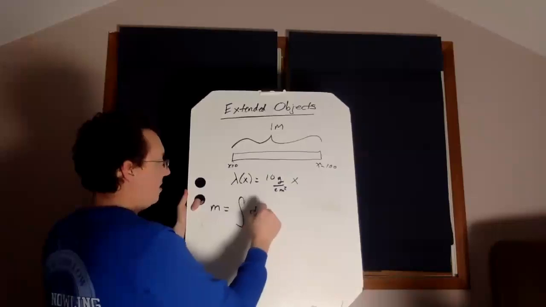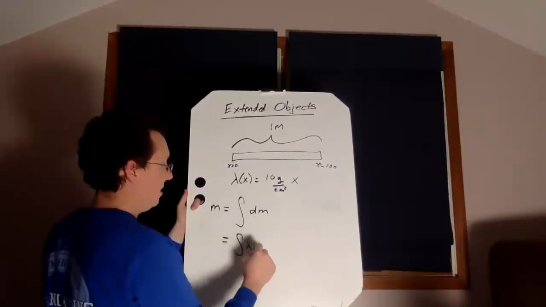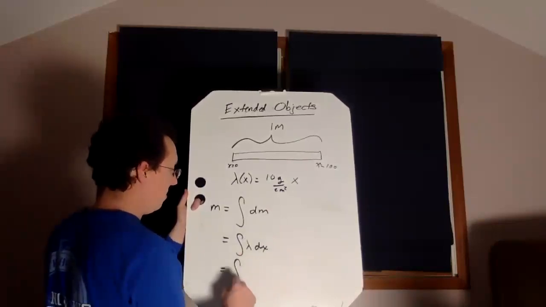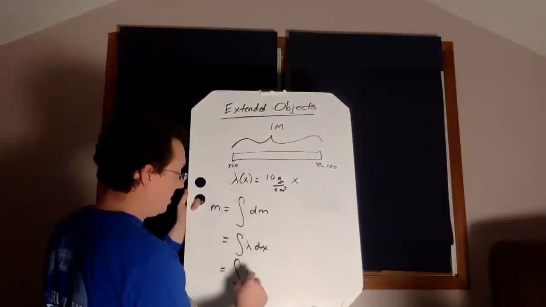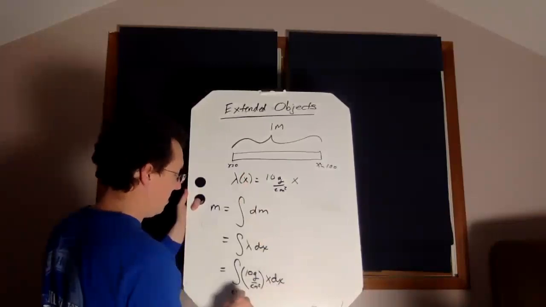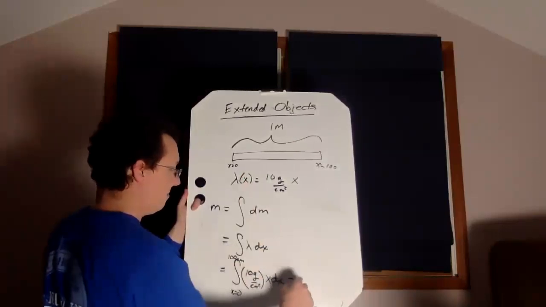That's the integral dm, which equals the integral of lambda dx, which equals the integral of 10 grams per centimeter squared times x dx from x equals 0 to x equals 100 centimeters.